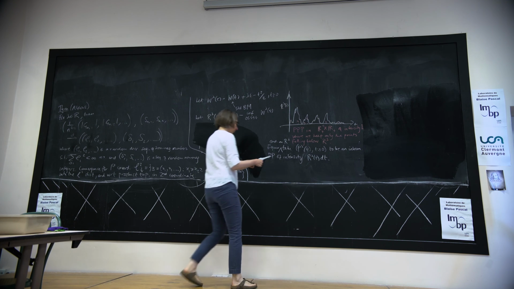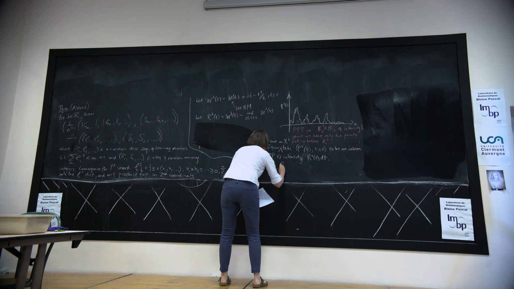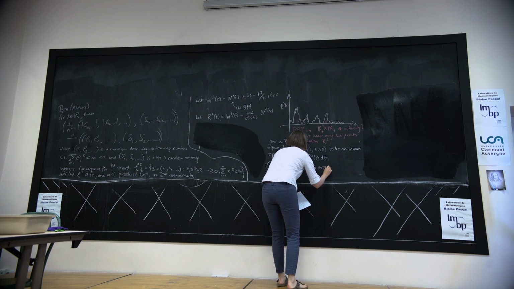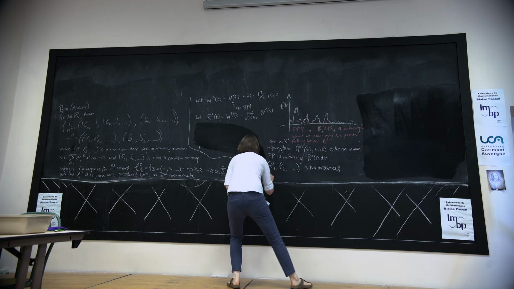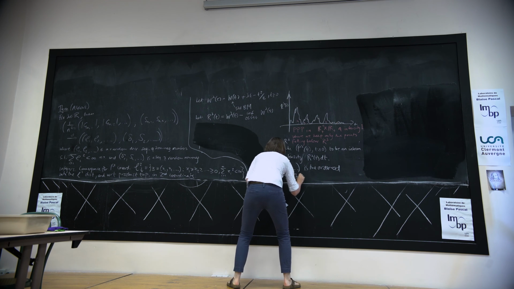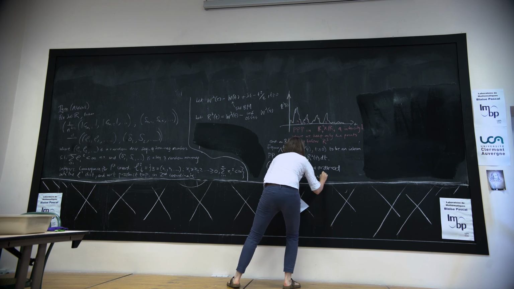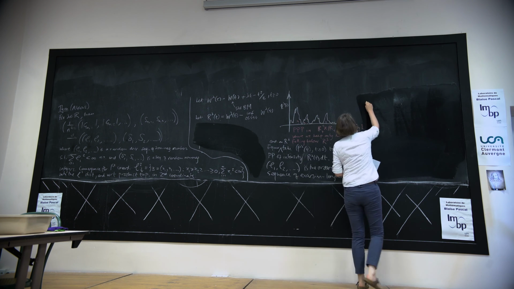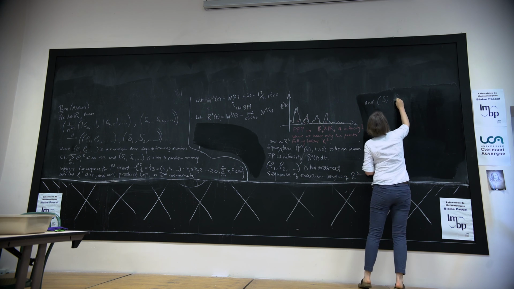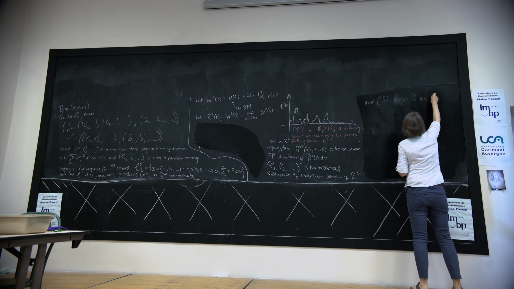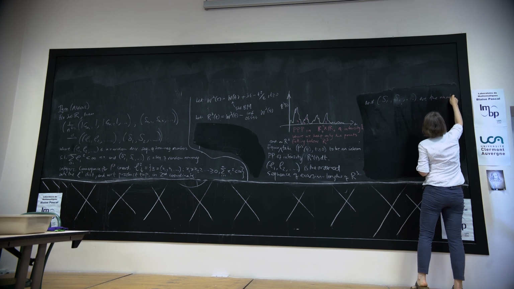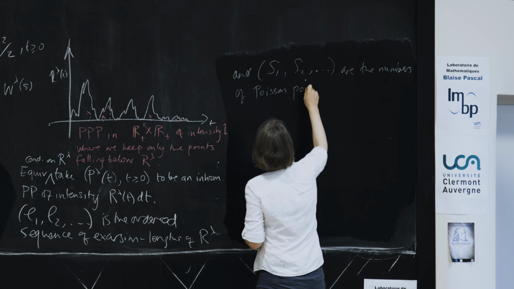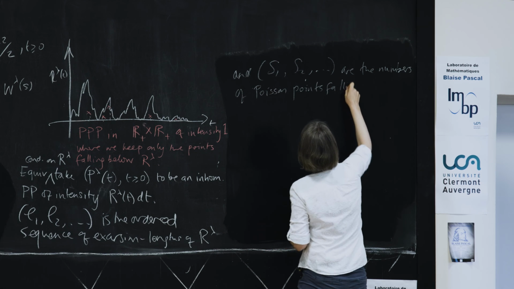So then C1, C2, and so on is the ordered sequence of excursion lengths of R lambda, and S1, S2, and so on are the numbers of Poisson points falling in the corresponding excursions.